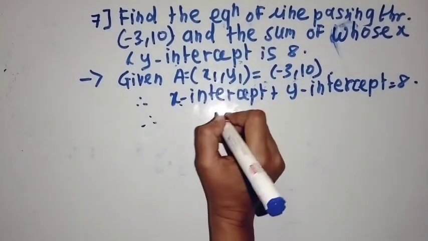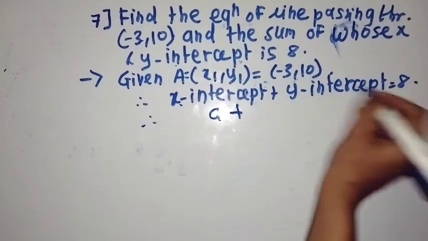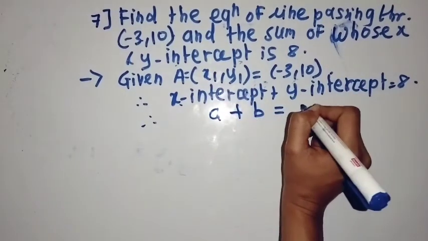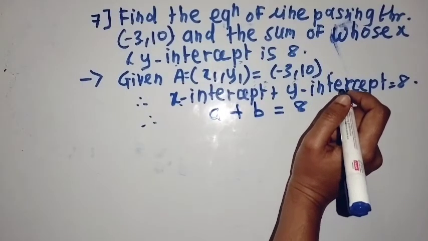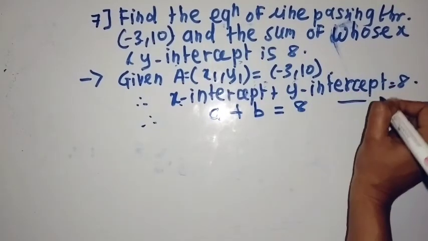Hence we get x intercept is a, y intercept is b, a plus b is equal to 8. This is the first equation.